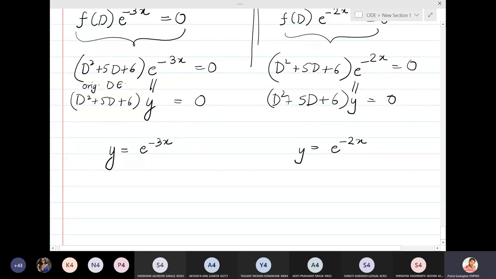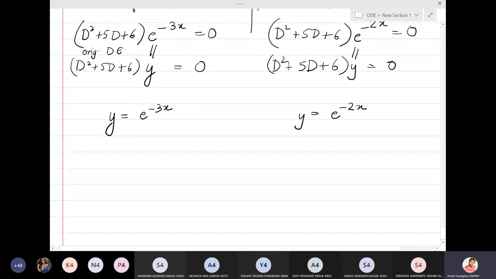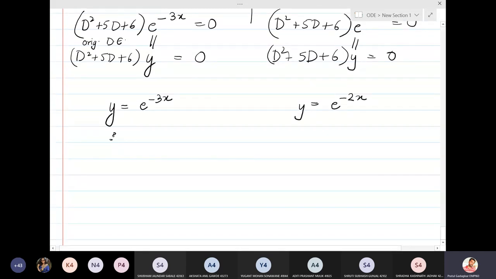So this means that e raised to minus 3x and e raised to minus 2x both will serve as the solution of the differential equation. Therefore, e raised to minus 3x and e raised to minus 2x are solutions of the given differential equation.